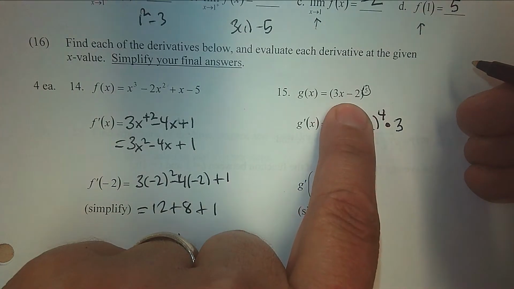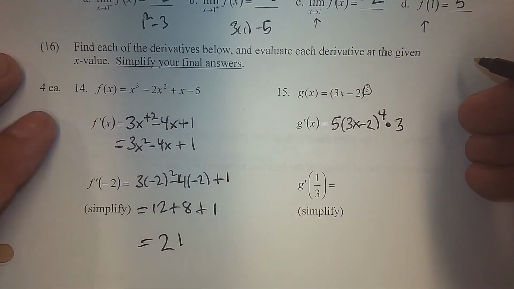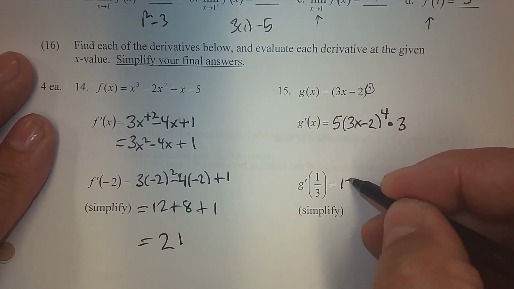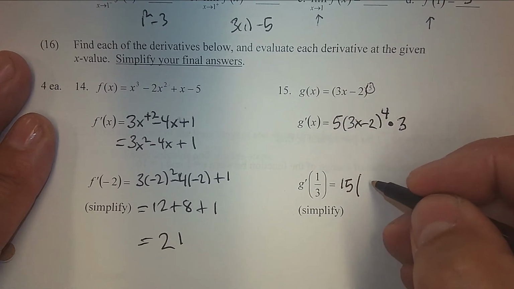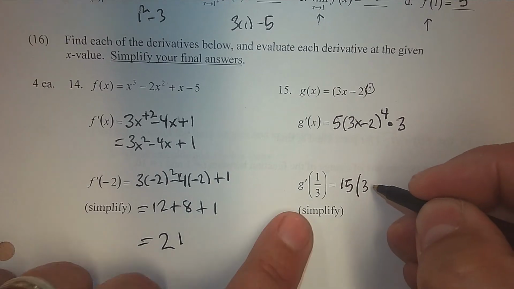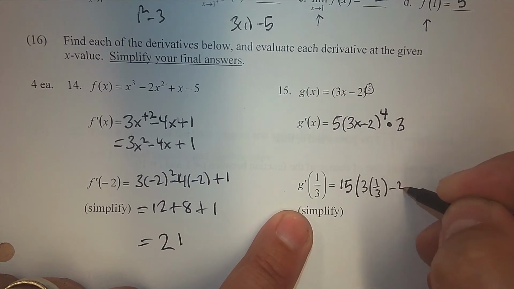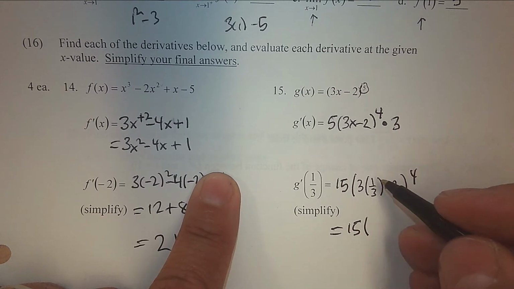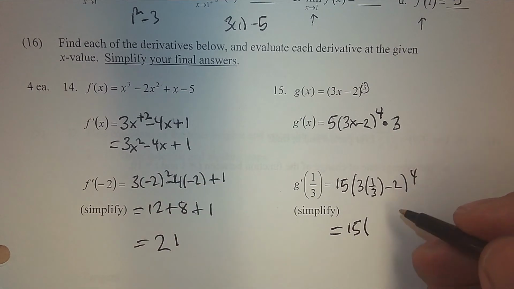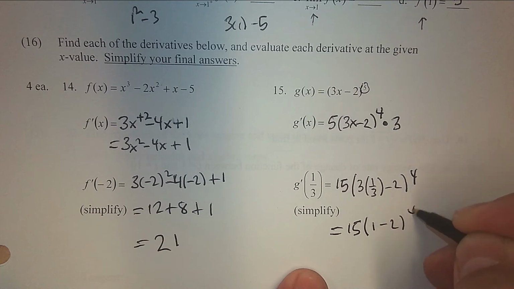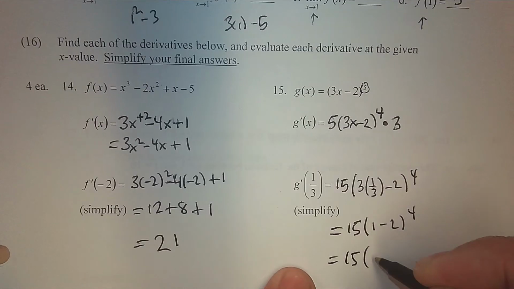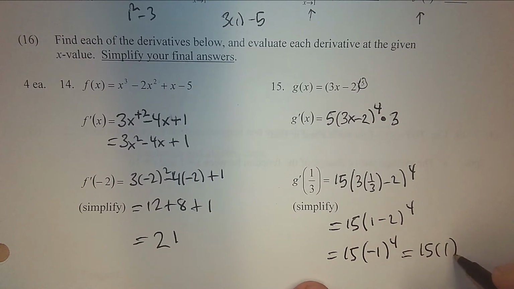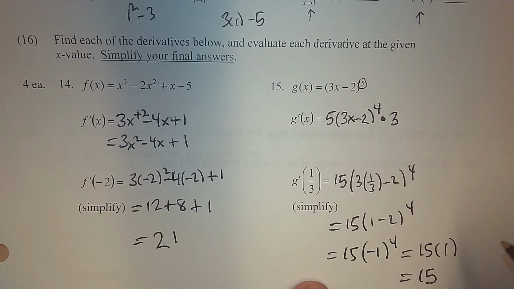Negative 2 is 0. So it's just 3. And that's it. Now we can combine 3 and 5 together. So if we did that, that would make 15. And then we're going to plug in 1/3. So 3 times a third is 1. 1 take away 2 is negative 1. Now the even exponent is going to make that positive 1, so the answer is 15.